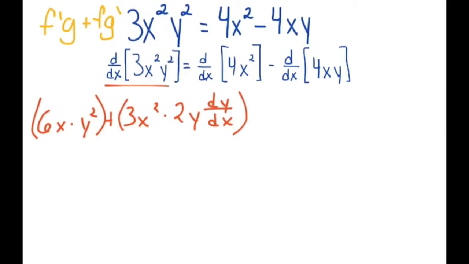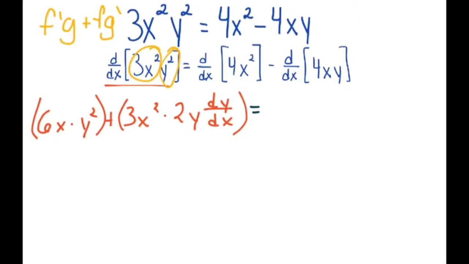So when you do the derivative of the first term, f, you get 6x times g plus 3x squared times the derivative of the second term, g, which is 2y. And when you find the derivative of y squared, you bring down the 2 times y, and whenever you find the derivative of y, you have to multiply times dy over dx.